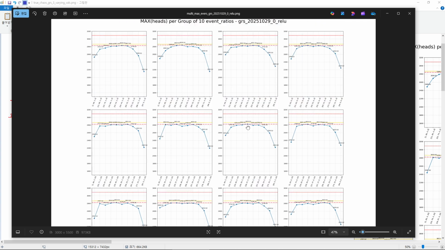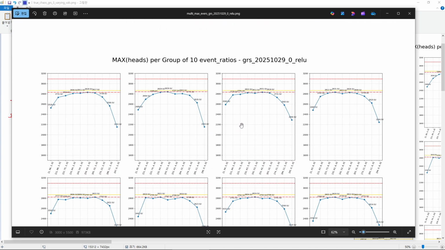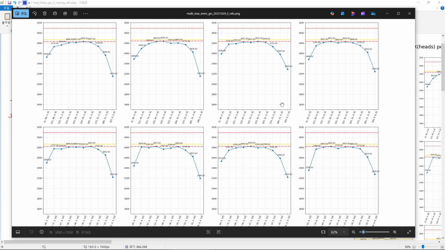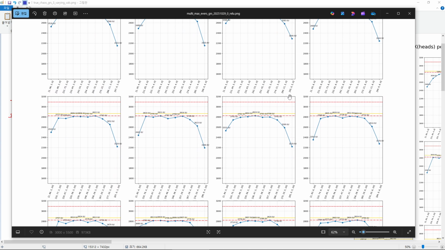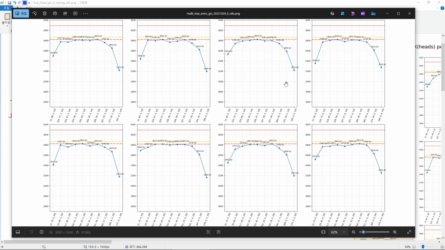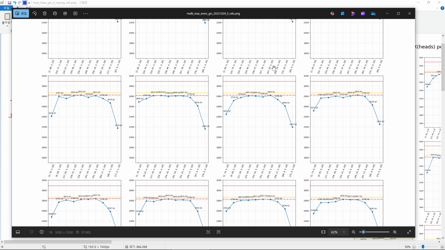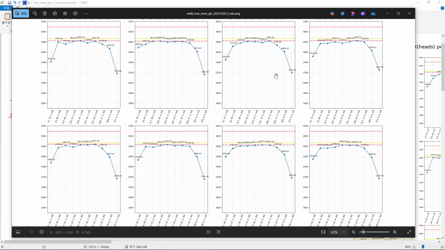So by plotting all these maximum errors per entity event ratio, I won't be able to decipher which event ratio produced the true ceiling, which is 2865.